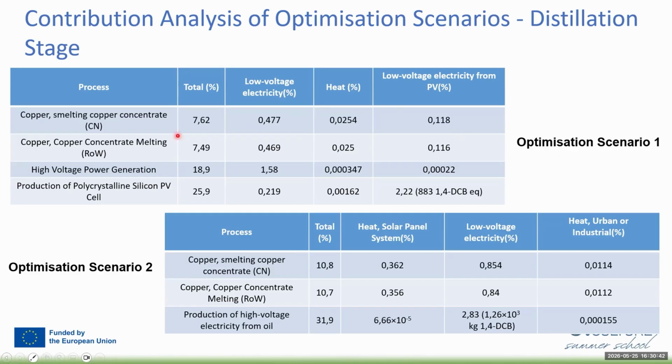If you look at the top table for optimization scenario 1, where we integrated the photovoltaic system, a clear paradox emerges. Earlier, we saw that this scenario gives a better reduction in terrestrial ecotoxicity than the hybrid model.